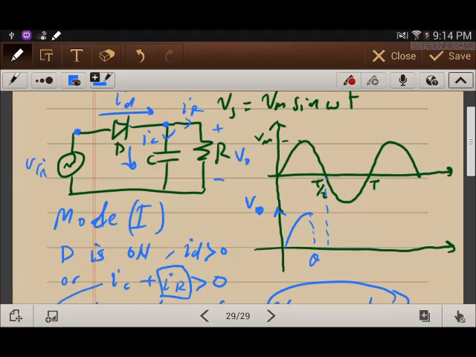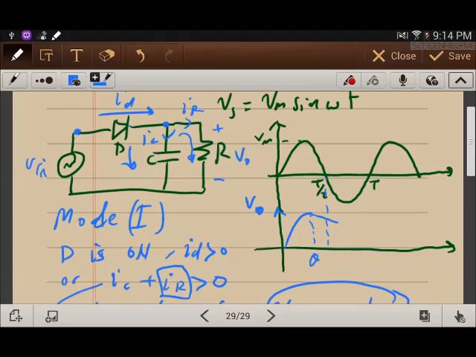So then the current that is drawn by the load will be coming from the capacitor due to the energy storage in the capacitor.